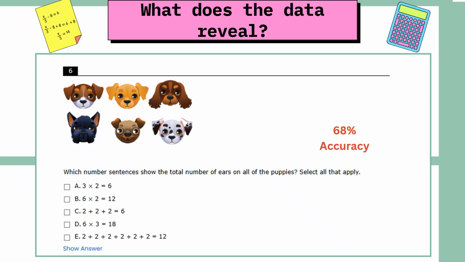So it was twofold for that particular question. But we did notice that students who didn't get this question correct looked at either just the dogs and not the dog's ears, or they just selected one of the correct answers instead of all of the correct answers. So then it was marked incorrect.